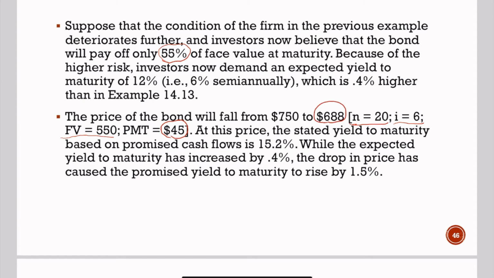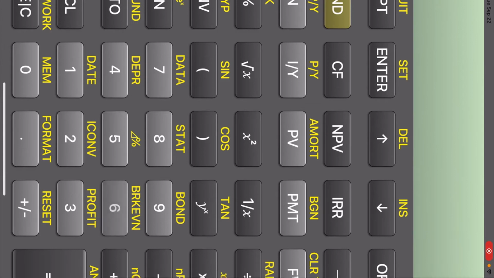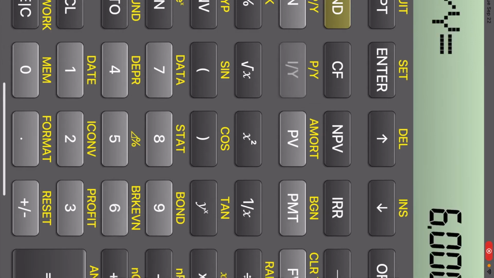I think I have not calculated bond price on this financial calculator, so let's try to do this. Again, 4 inputs. We have 20 periods, and the per period interest rate of 6%.